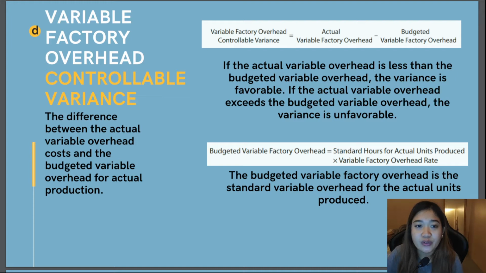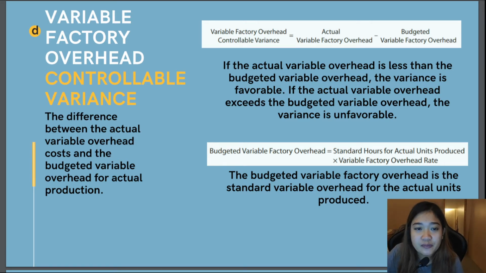If the actual variable overhead is less than the budgeted variable overhead, the variance is favorable. If the actual variable overhead exceeds the budgeted variable overhead, the variance is unfavorable.